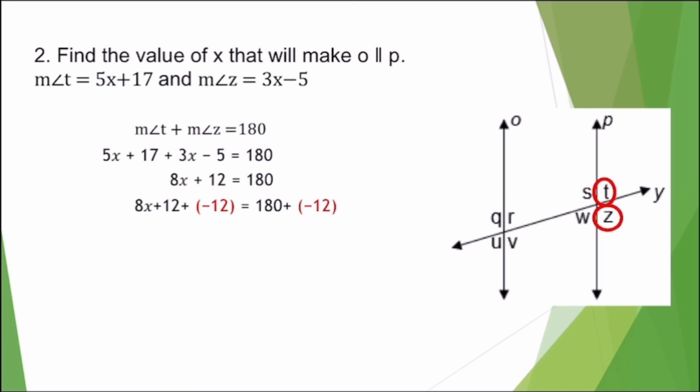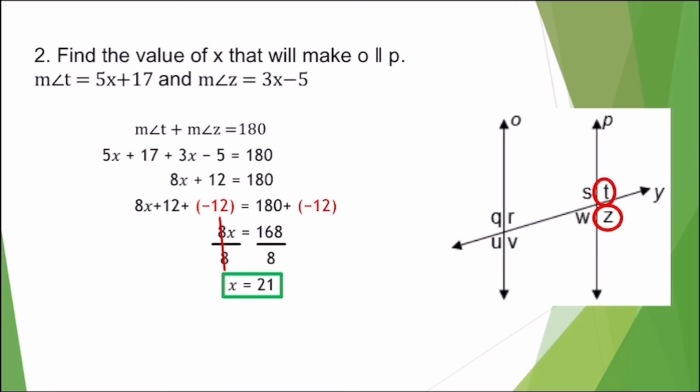And 180 plus negative 12 is 168. And after that, let's apply the division property of equality by dividing both sides by 8. So 8x divided by 8 is 1x or x, and 168 divided by 8 is 21. So therefore, the value of our x is 21.